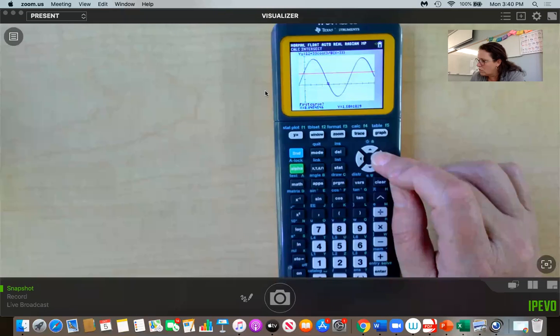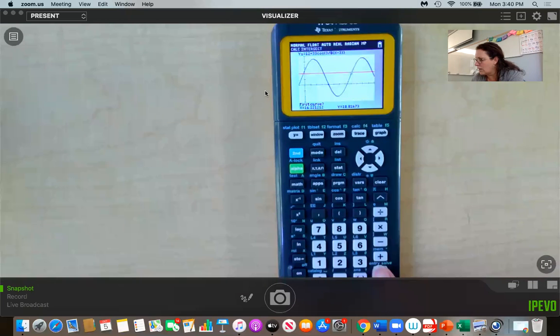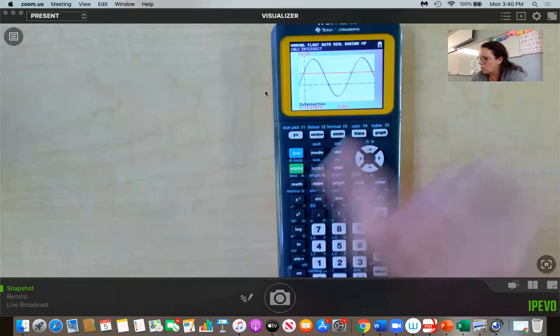You'll move your cursor over there, get close to it, and it's again going to ask you for your first curve, your second curve, and a guess. You can just press enter 3 times, and again it's going to give you that intersection point of 16.219 when the y value is 20. You would follow those same keystrokes to find your third intersection point.